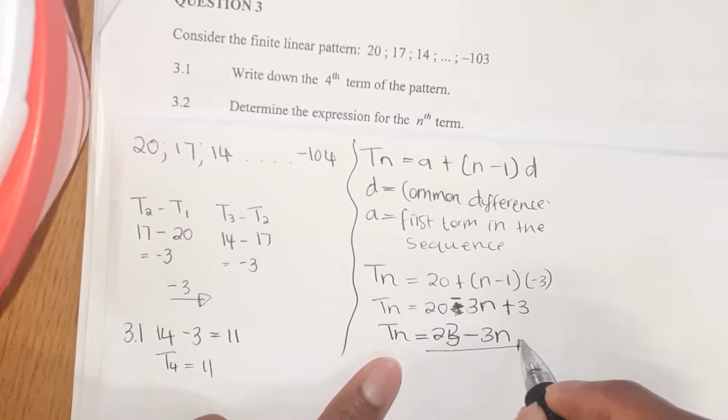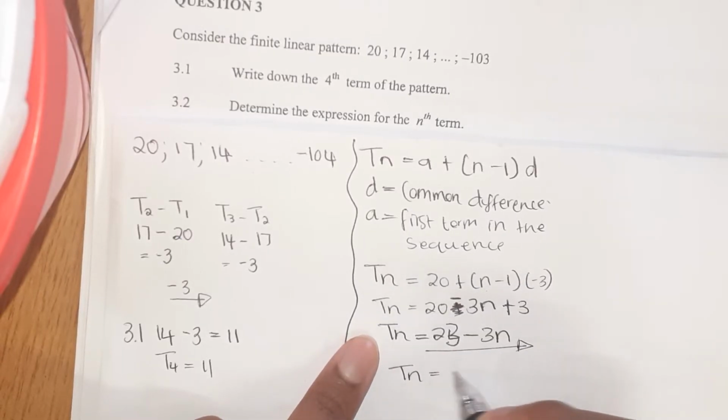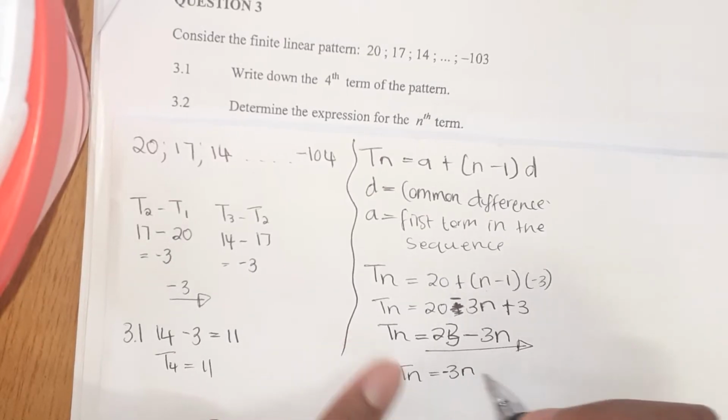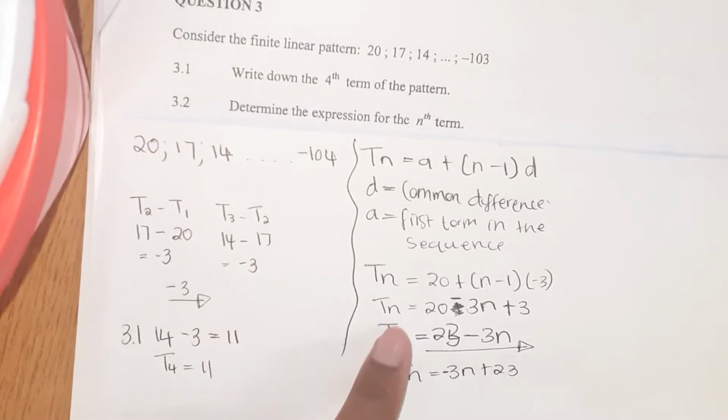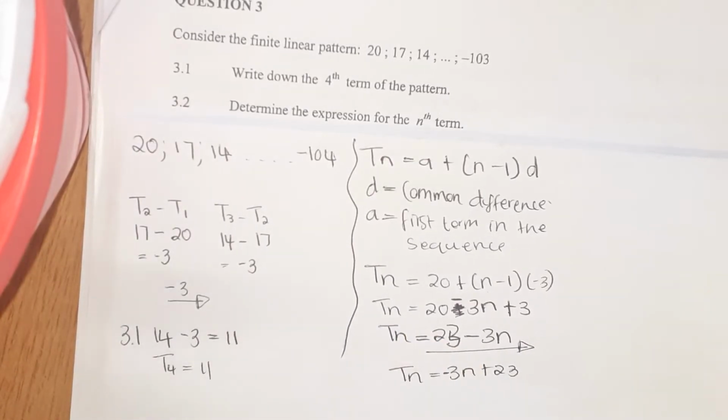This is the formula for the nth term. We'll say Tn equals negative 3n plus 23. You can still write it like this, but even if it's like this, there's still nothing wrong.